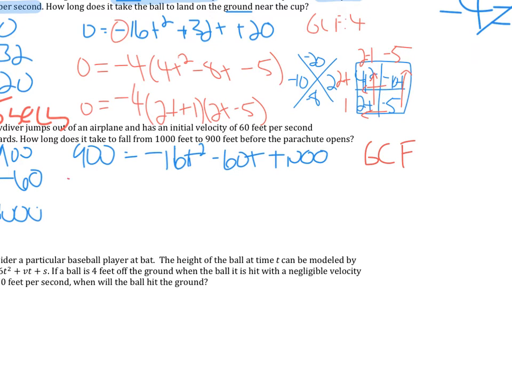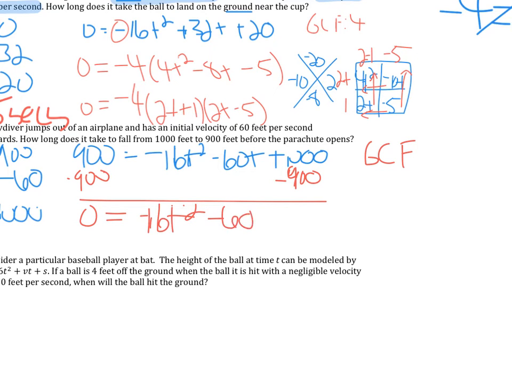So I need to subtract this 900 first. So then we get -16t squared minus 60t plus 100. So our GCF there, number-wise, is going to be 4.